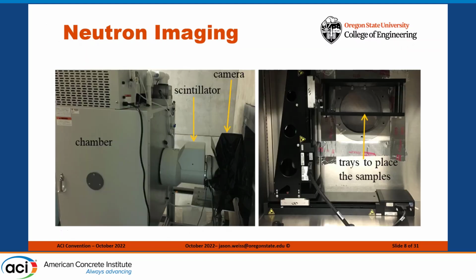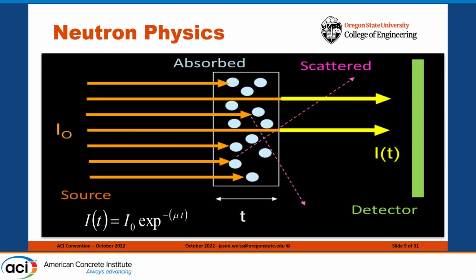Again, this is just a bigger picture of what we just talked about. The basic idea is we have a beam, and we really want to collimate the neutron flow so that it's all moving in a very parallel fashion. That beam interacts with the sample, and as it interacts, the beam can do one of three things. It can pass through the sample and reach the detector.